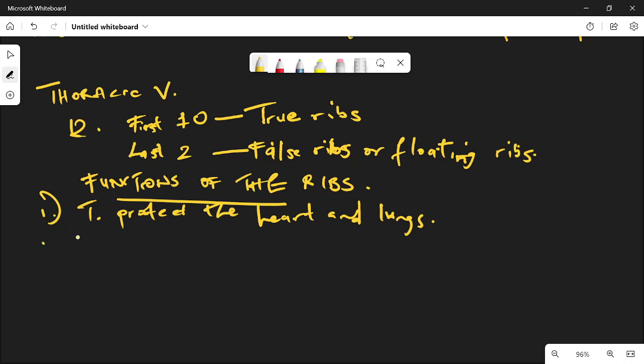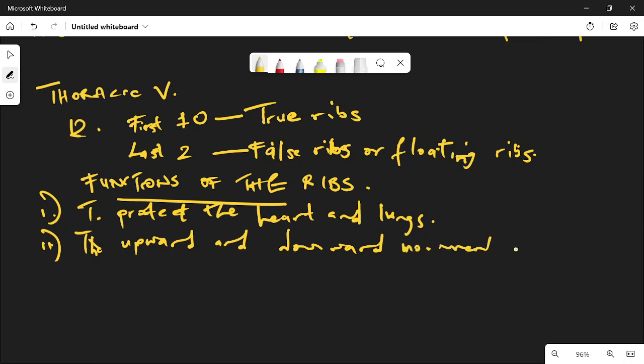And number two, we have the upward and downward movements of the rib cage.